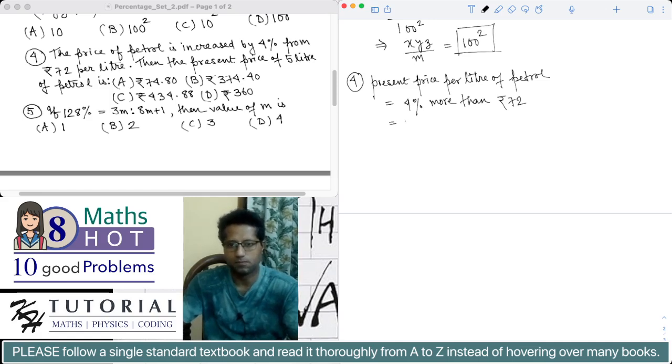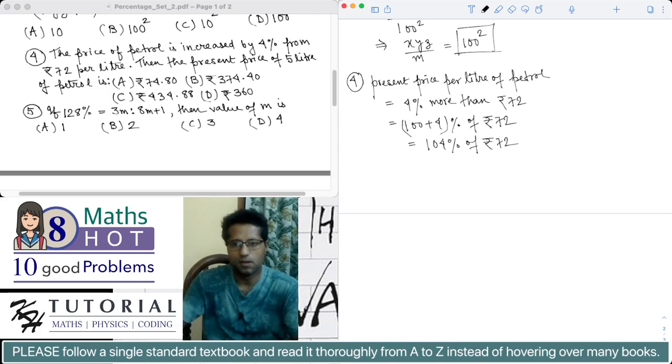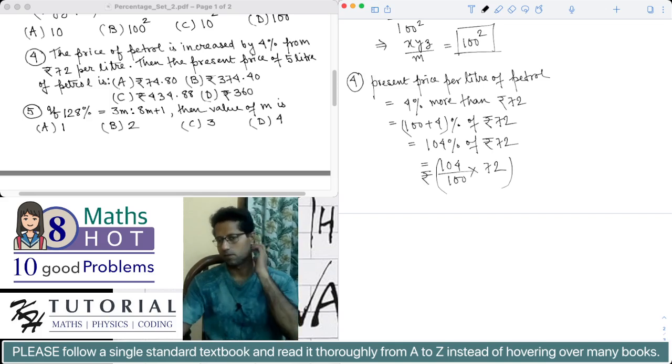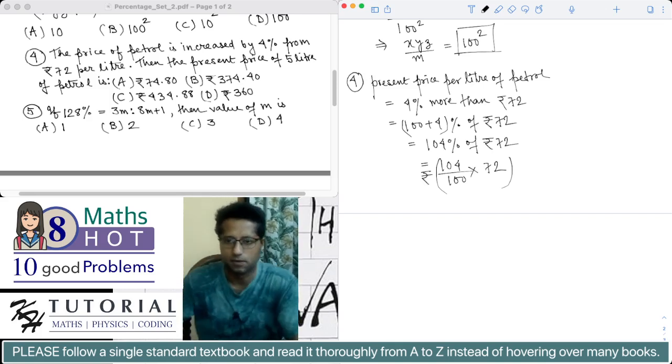This will be equal to 100 plus 4% of rupees 72, which is 104% of rupees 72, and this is equal to 104 divided by 100 multiplied by 72. This many rupees is the present price of the petrol per liter.